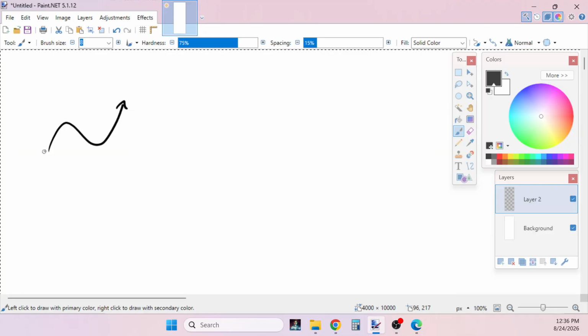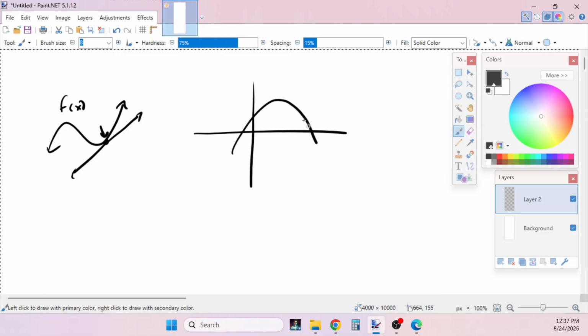The two biggest topics in a normal calculus class are going to be: what is the slope of a function at a specific point? The way we do that is we glue a straight line onto the function and measure the slope of that line. The other thing we do is figure out the area between a function and the x-axis.